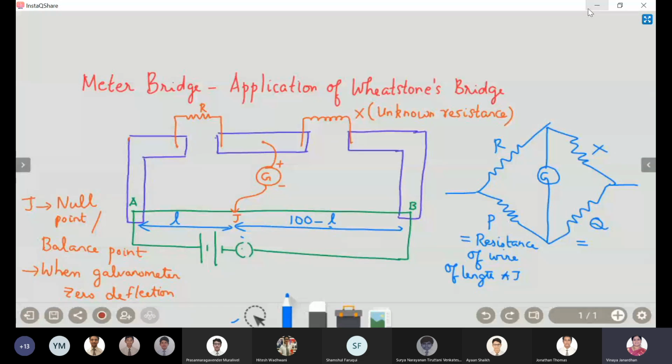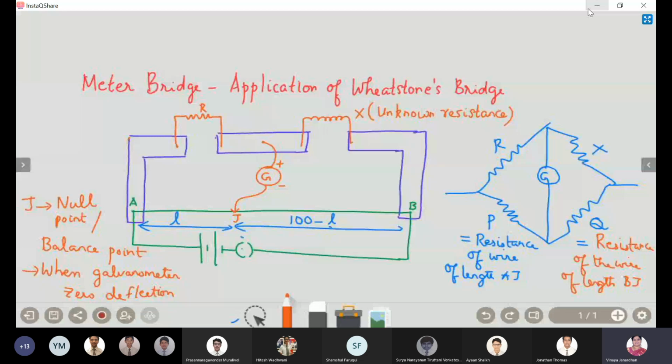Q is the resistance of the wire of length BJ. It's a Wheatstone's bridge. That's the reason the galvanometer shows zero deflection. Then what is the condition? P by Q must be equal to R by X.